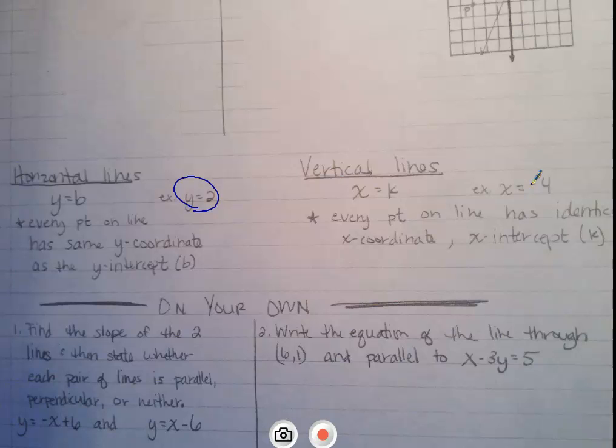So again, that's just a little reminder: when you see a line that says graph the line, and you're like, what? It's not in slope-intercept form. You know it's going to be horizontal or vertical. So let me move this down a little bit.